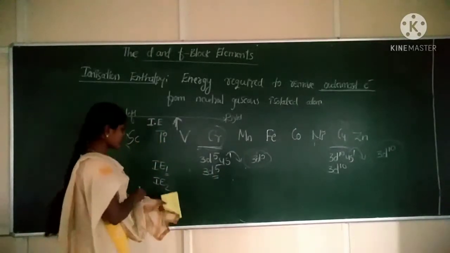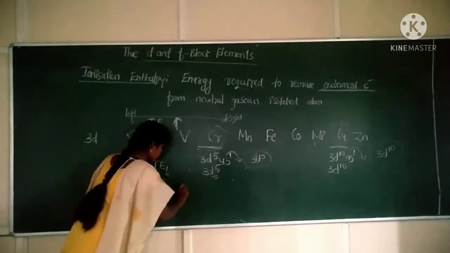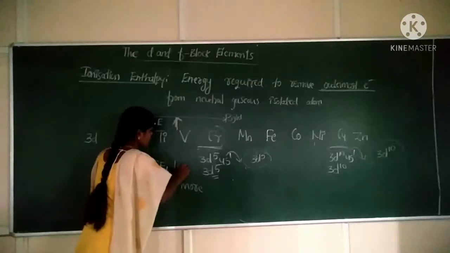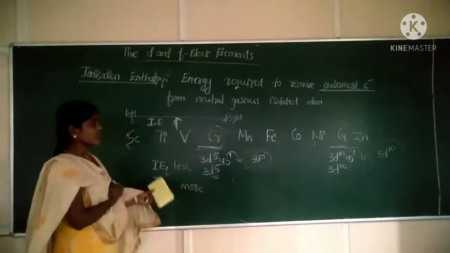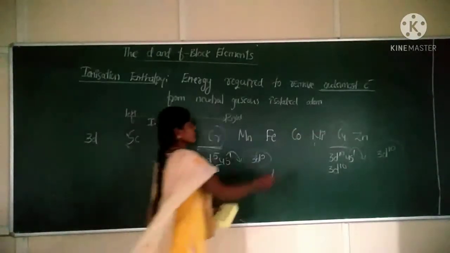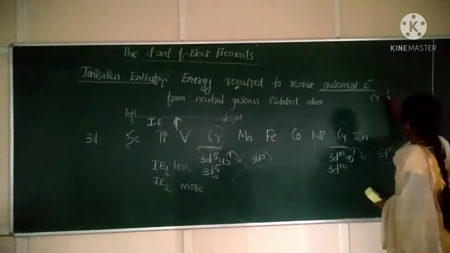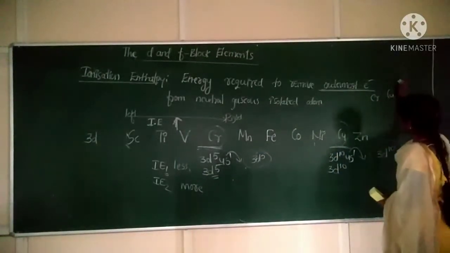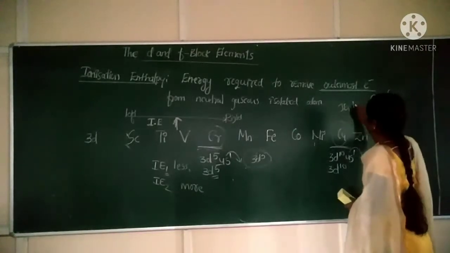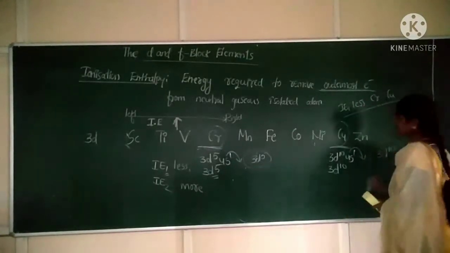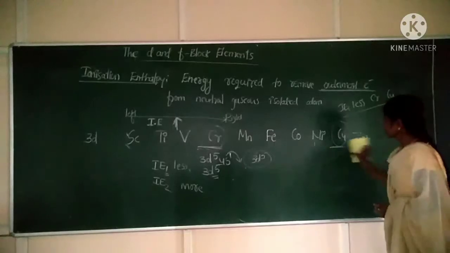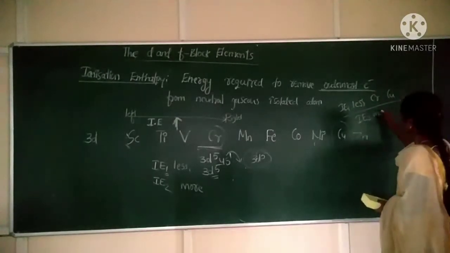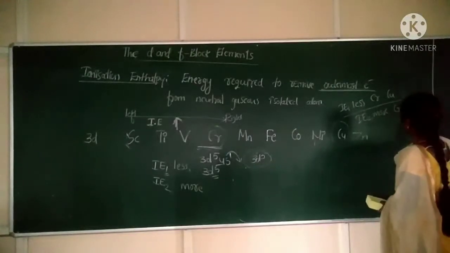So the second ionization enthalpy will be more, whereas the first ionization enthalpy is less for chromium and copper.